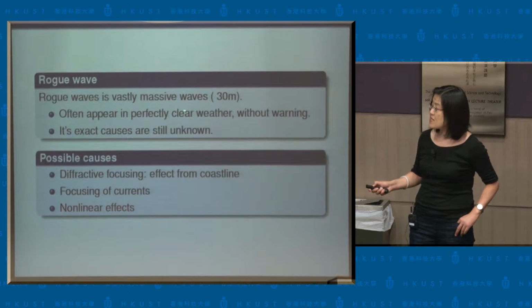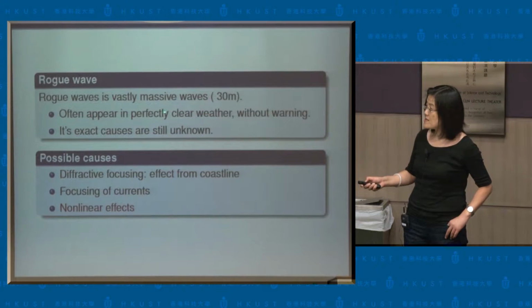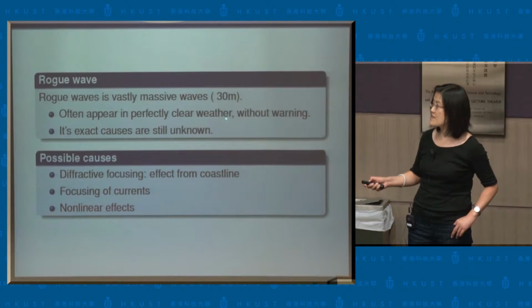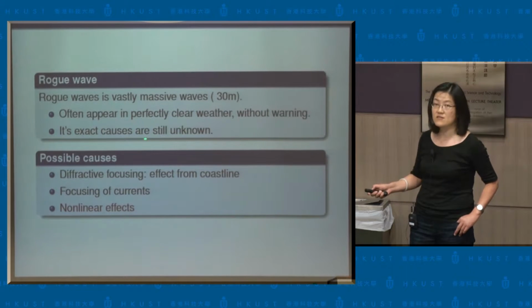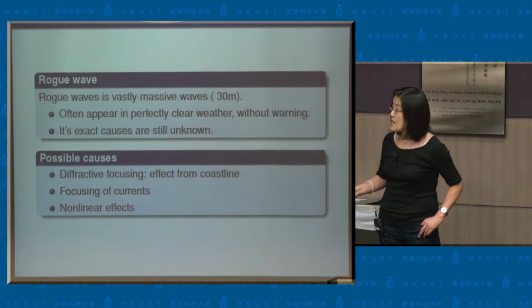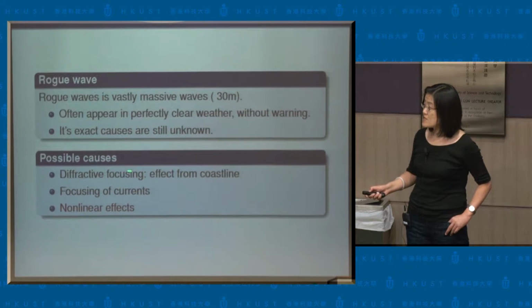So by definition, these are waves that are somehow localized and appear in perfectly clear weather without warning, and the exact cause is still not known. Okay, and there are a lot of conjectures. For example, in certain parts of the world, rogue waves seem to appear more often than in others.